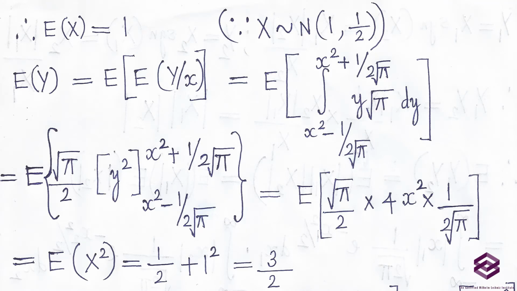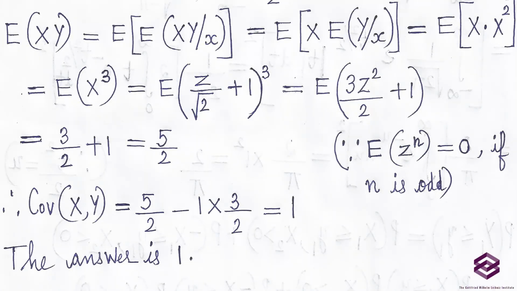Now we can find expectation of Y using the conditional density, using the formula that expectation of Y is equal to expectation of the expectation of Y given X. First we find the expectation of Y using the conditional density, and then we find the expectation with respect to the density of X. It turns out that expectation of Y is equal to expectation of X squared. Since X is a normal random variable, we can find expectation of X squared using the formula, and we finally get that expectation of Y is equal to 3 by 2.